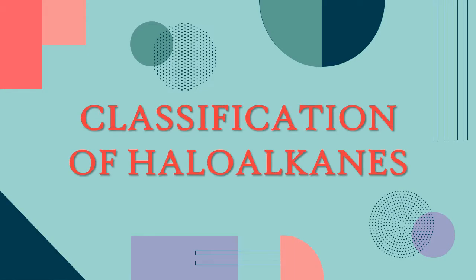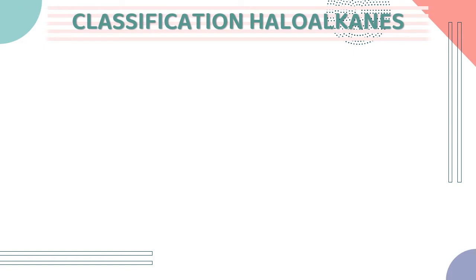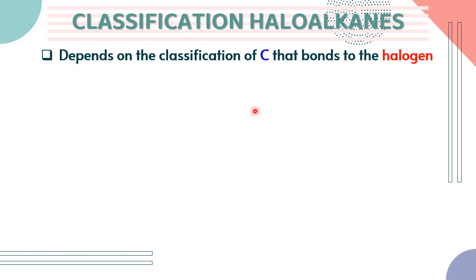Now let's look at how to classify our haloalkane. The classification of a haloalkane depends on the classification of the carbon that bonds to the halogen. Like we did before, we focus on that one particular carbon and look at how many carbons it is bonded to.